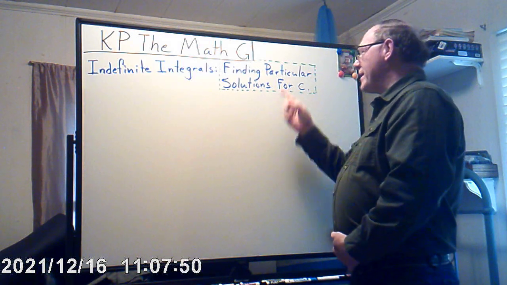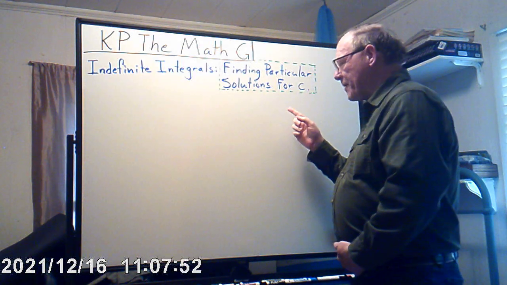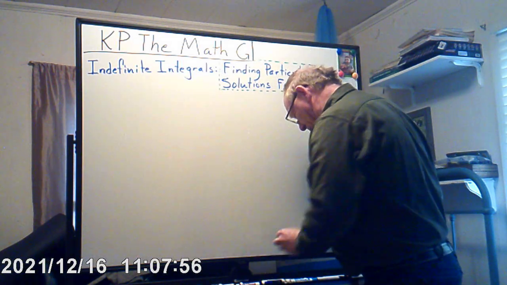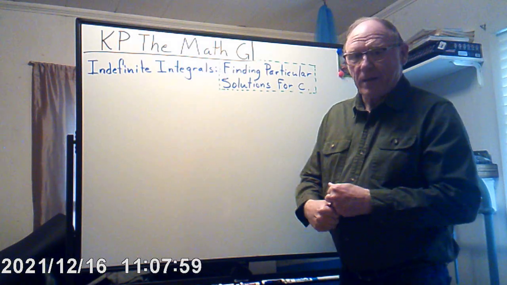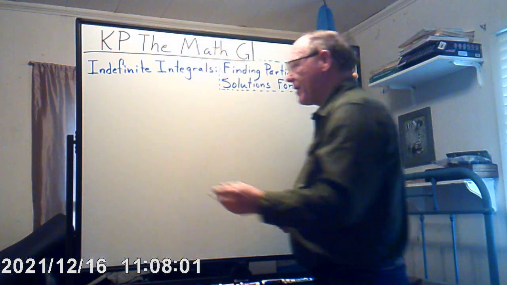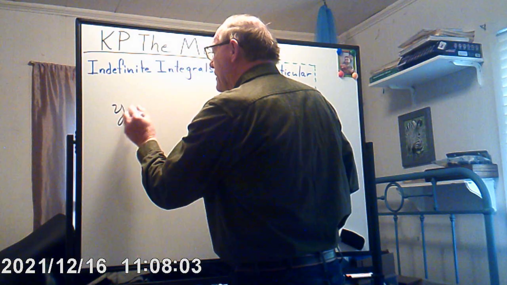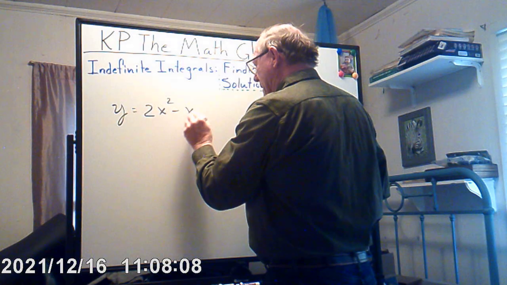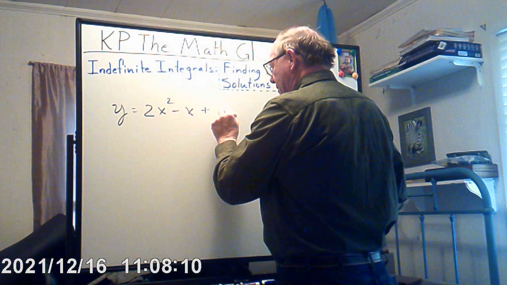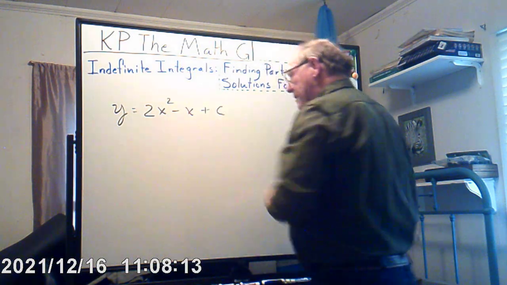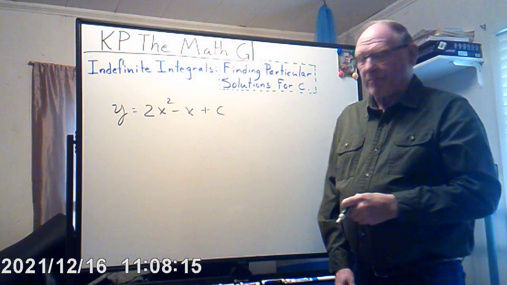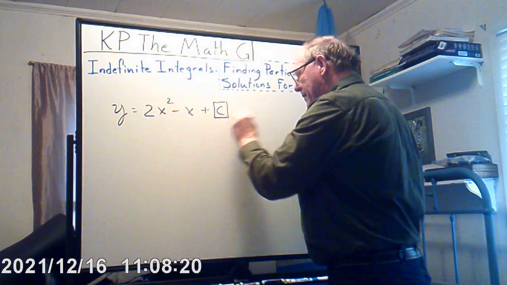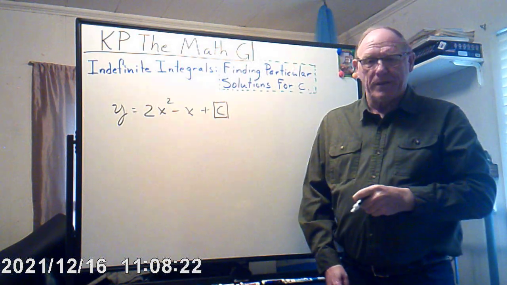We're dealing with finding particular solutions for C. You might have a problem where, after you integrate, you come up with something that looks like this: y is equal to 2x squared minus x plus C. Then we're going to figure out what C is.